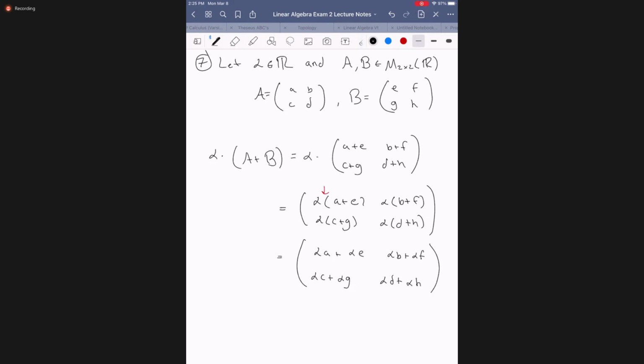Okay. So now you can separate it out as two matrices. Plus alpha. Oh wait, I confused myself.